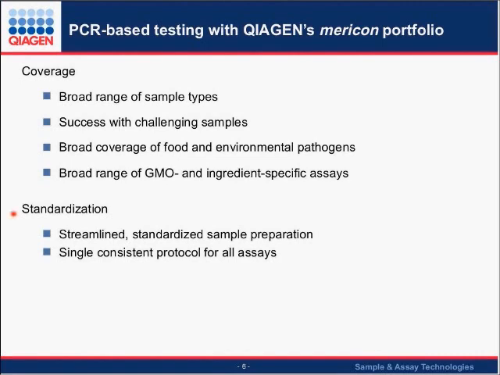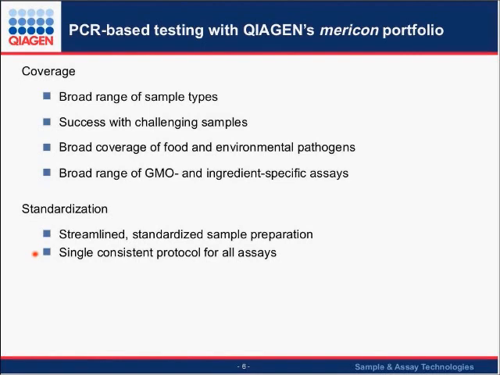And the portfolio is standardized. We have standardized and streamlined sample preparation for each one of these various assays. We have a food preparation protocol. We have a bacterial pathogen protocol, and so on. And there is a single consistent protocol for all assays.